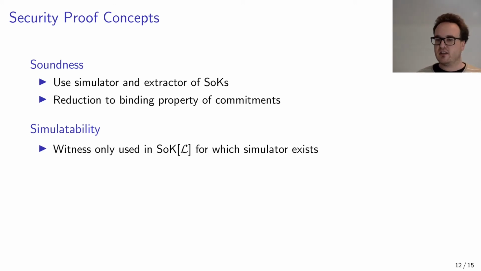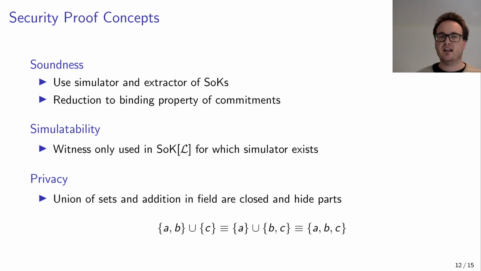So our wrapper does not have any secret input. And the privacy holds because the union of two sets is indistinguishable on how the set was created, and the addition in the field is also perfectly hiding. So thereby the mapping between inputs and outputs is hidden.